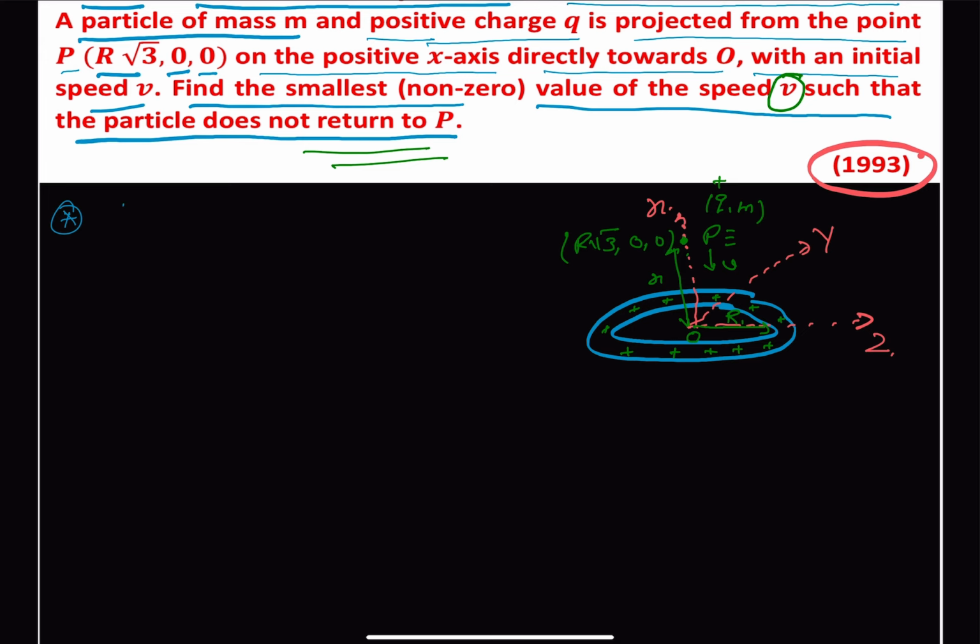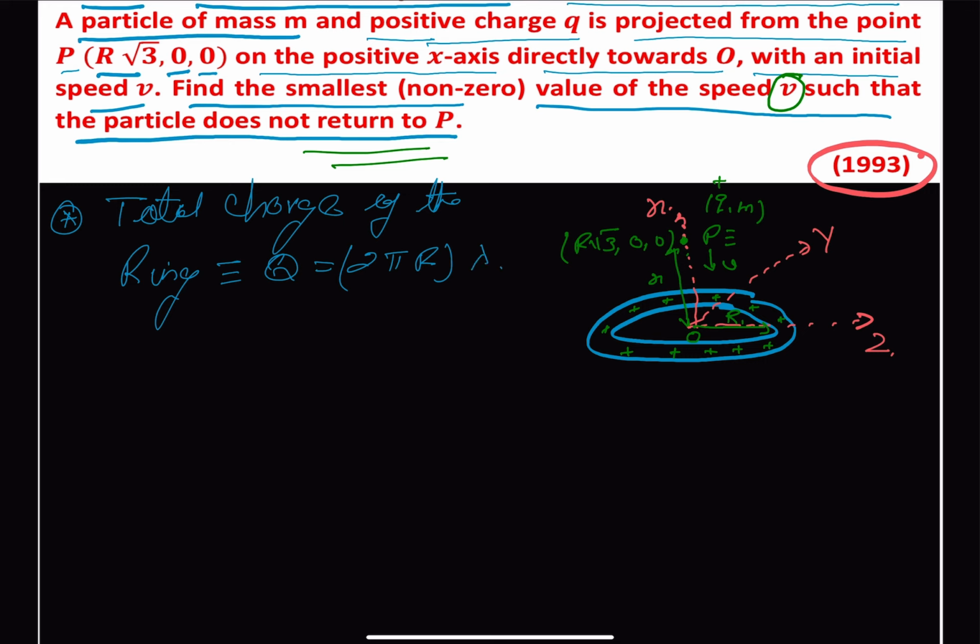Therefore, the total charge of the ring, let us suppose that is given as Q, will be equal to the circumference, that is 2 pi r, multiplied by lambda. So this is the total charge on the ring.